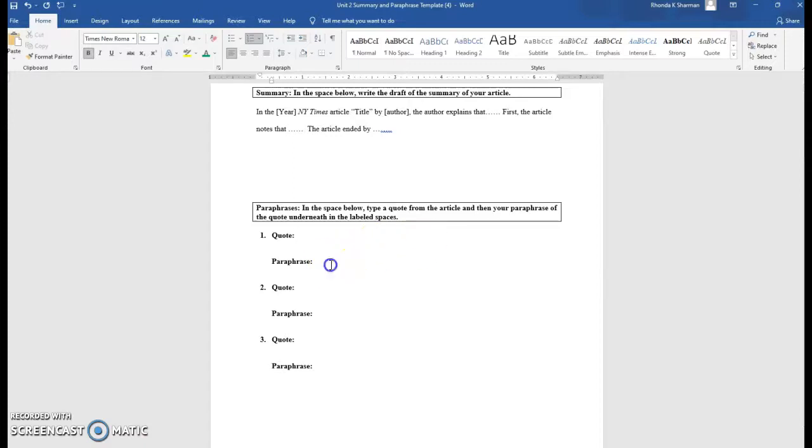And then where it says paraphrase, you are to state that same idea using your own words. And again, be sure you read the information about paraphrasing in D2L so that you understand how you go about paraphrasing. So 3 separate quotes or copied pieces of the article, and then for each one of those, your paraphrase.